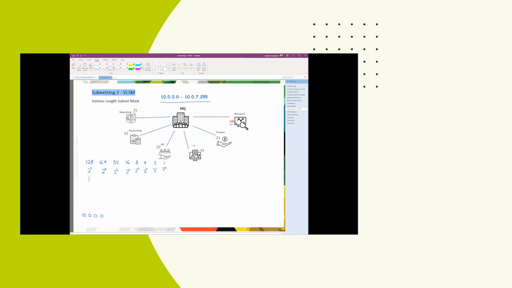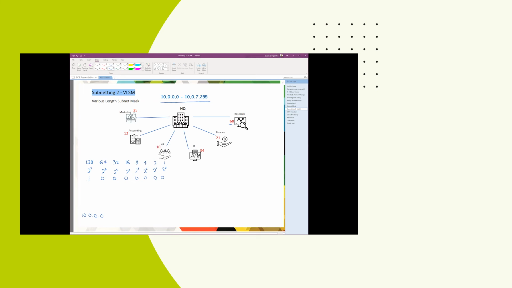Why? Because I need to choose from all these numbers my capacity. 32 is not enough, 64 not enough. So what is the next best number? 128, okay. And all these are going to be zeros to form my subnet mask and my capacity.